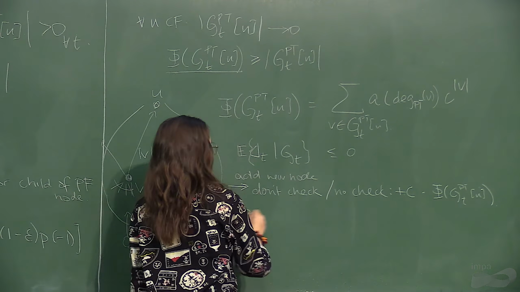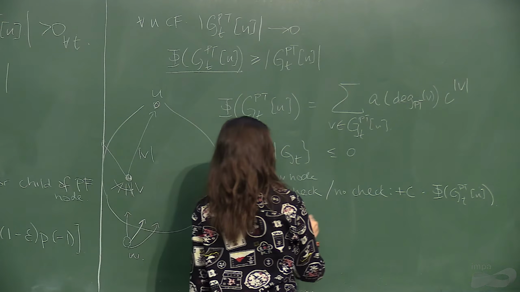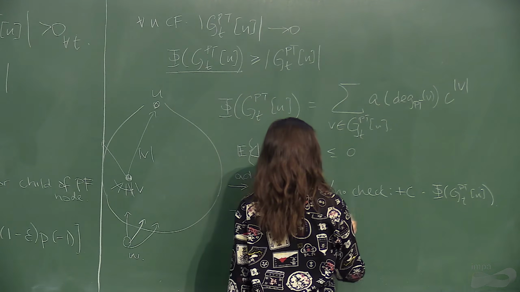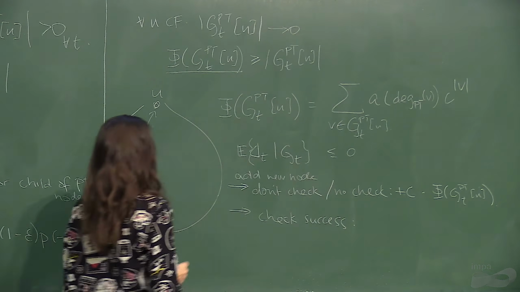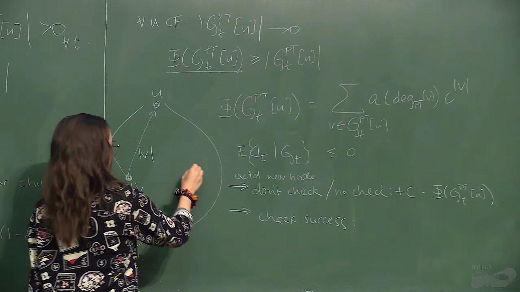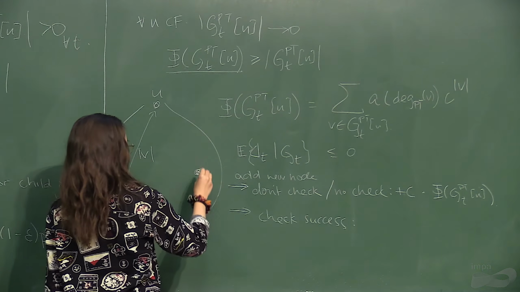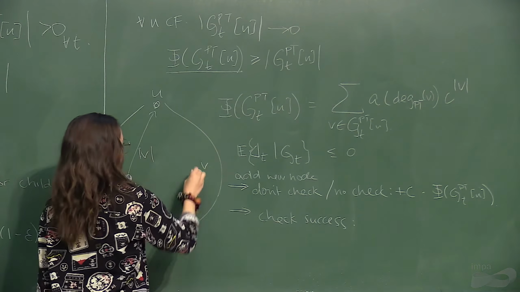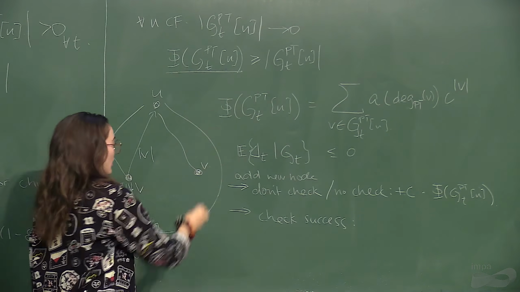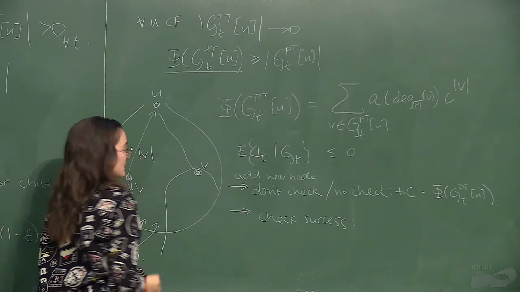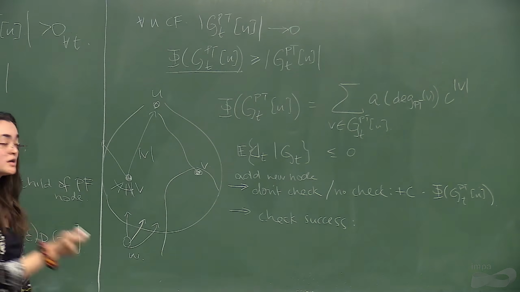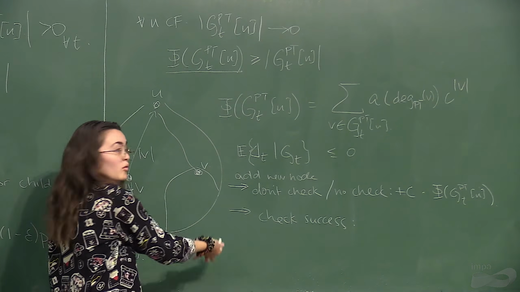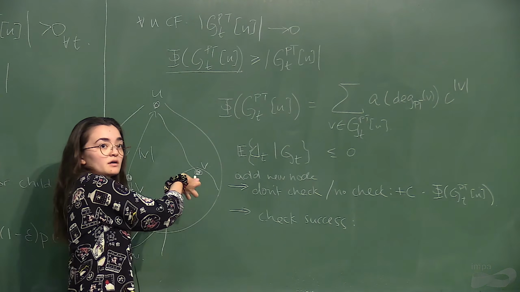But suppose you do check successfully. Then all the nodes that have V as their nearest false node are going to become one closer to a false node.